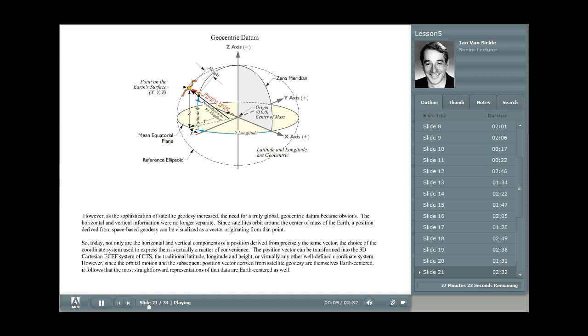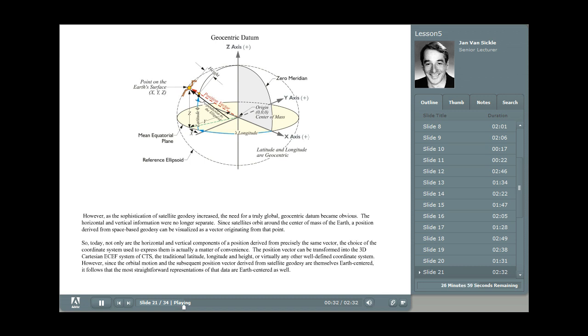Now, in this representation on this slide, we see really the same image as was on the first of this presentation. There's a point on the Earth's surface. XYZ coordinates are indicated from the center of mass of the Earth in a three-dimensional Cartesian system. However, there are some additions.